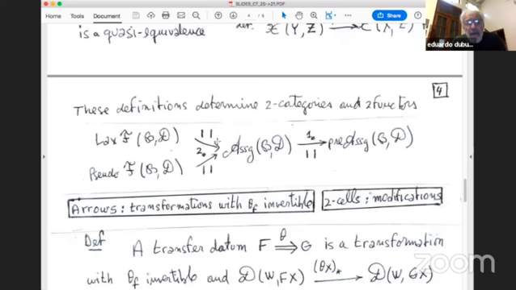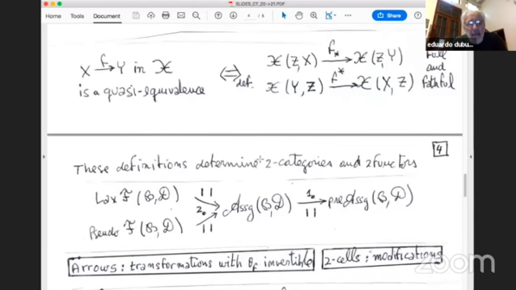And we have forgetful functors, because an assignment is a pre-assignment with additional structure, and the lax or pseudo functors are assignments with additional structure. And we are going to lift structures, going up in the diagram.